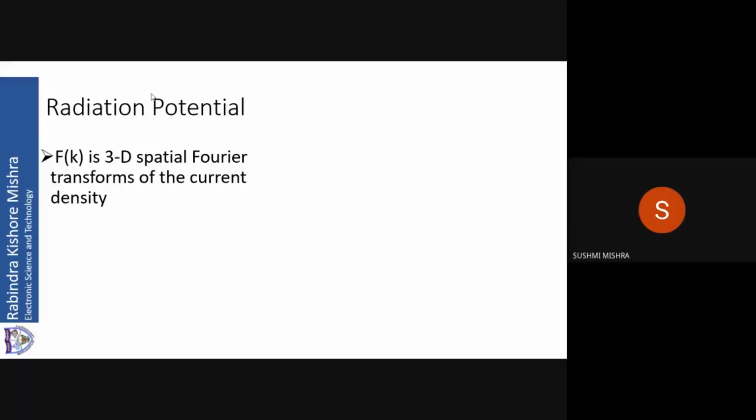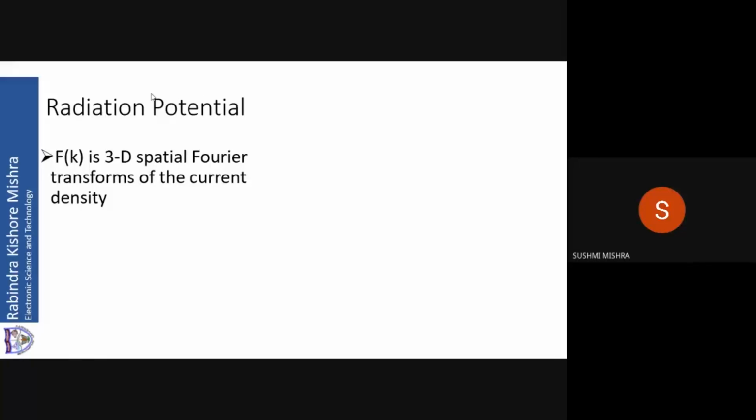Now try to remember the form of the second term, the integral term, which is the radiation vector. That also I call the radiation vector. F(k) is the radiation vector. Now if you remember the expression for that, you can correlate it to a spatial Fourier transform of the current density.